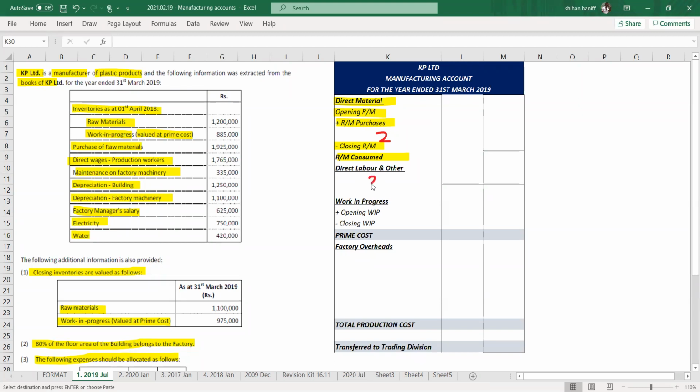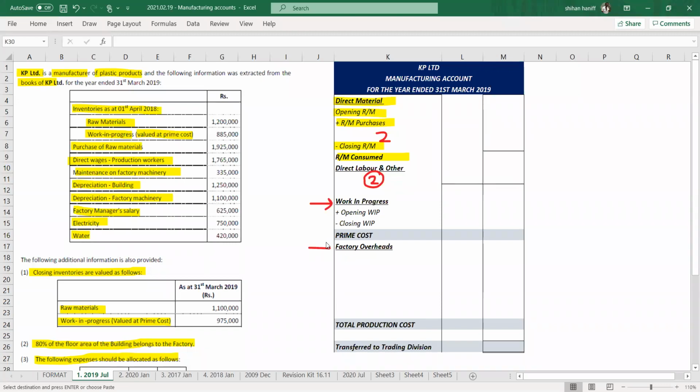For direct labor and other costs, you can keep 2 lines. Then we adjust the work in progress. Since they have said the work in progress is adjusted to the prime cost, we have to write this before the prime cost.